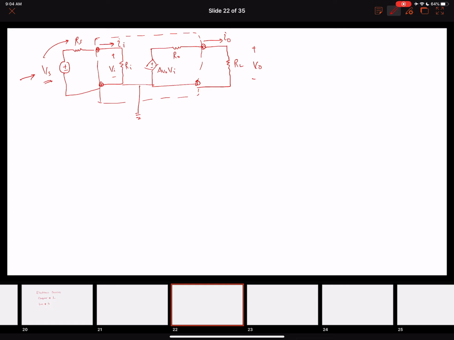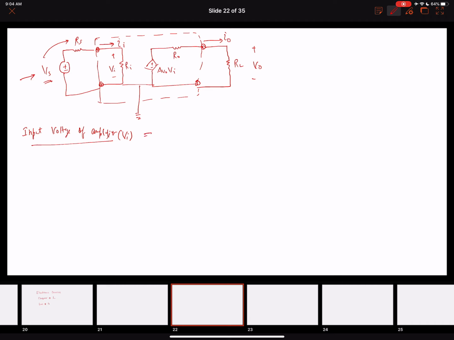All right, now let's look at the terminal characteristics of this model. We are going to see more details now. So let's first start with the input voltage of the amplifier, right? The input voltage of the amplifier is Vi. So can we find the equation for that?